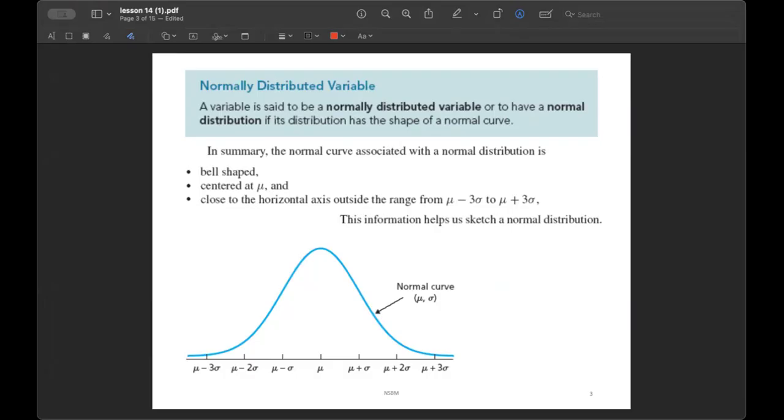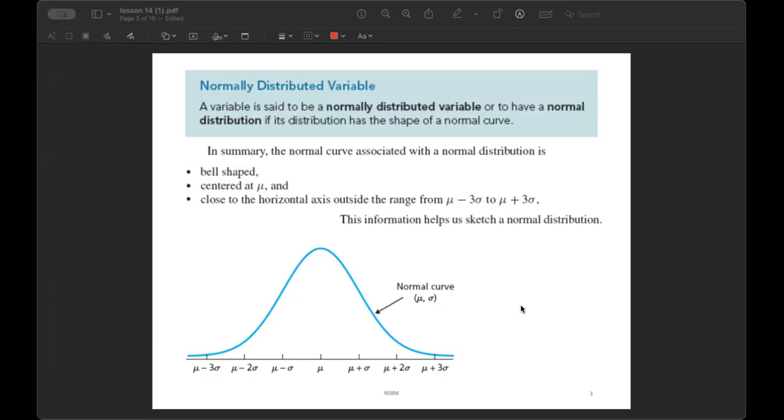What does that mean? Once we draw the entire distribution, if it has a bell-shaped form, a normally distributed curve, then it is normally distributed.